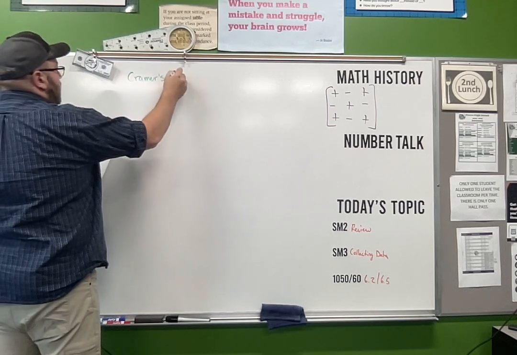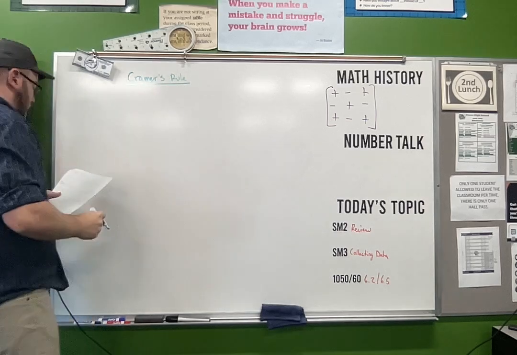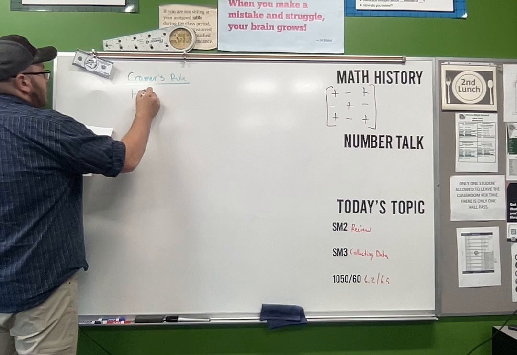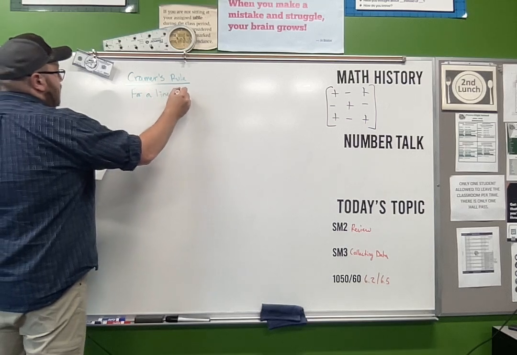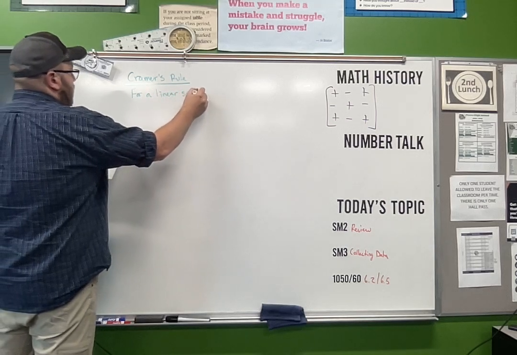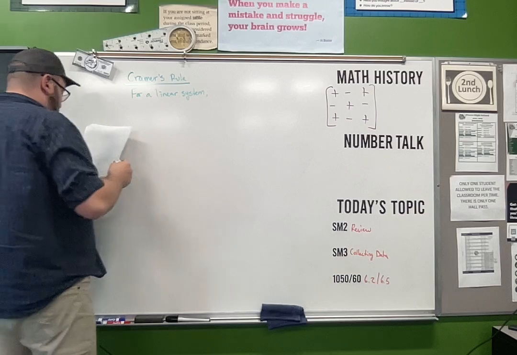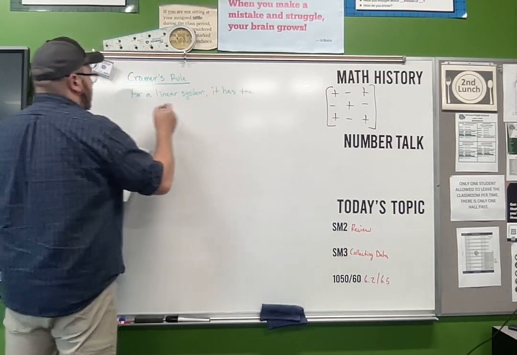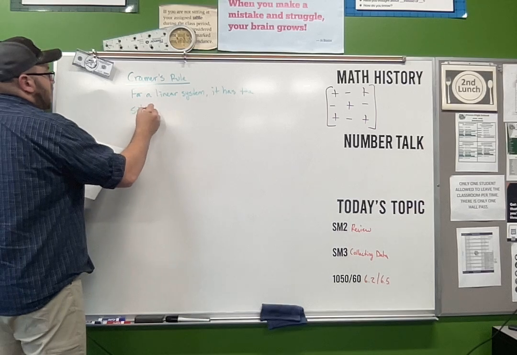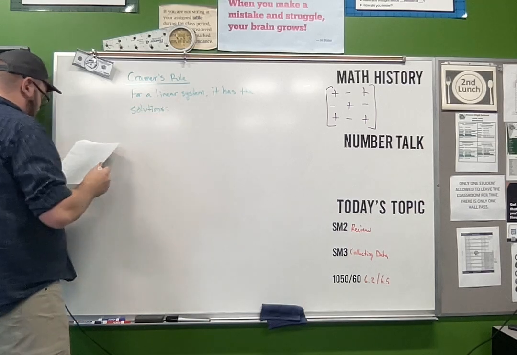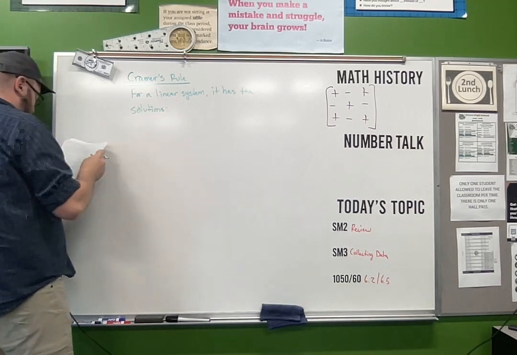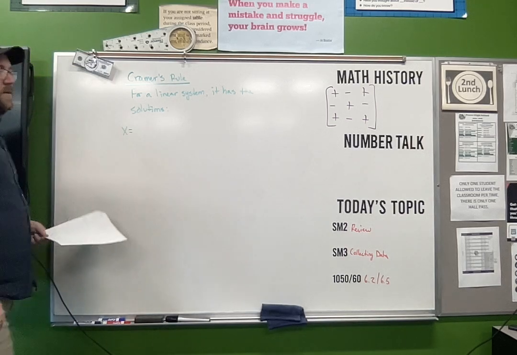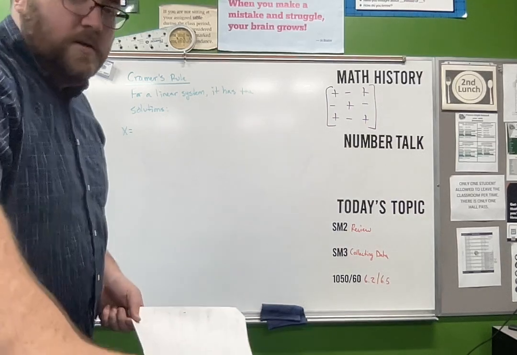Cramer's rule. For a linear system, it has the solutions x equals... now technically this works for any number of solutions.